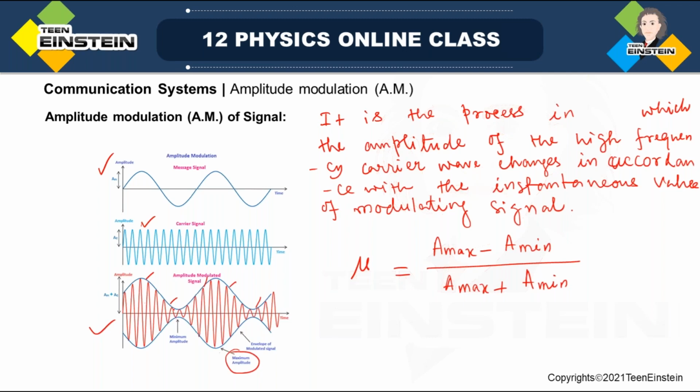So mu is this maximum value minus this minimum value, divided by the maximum plus the minimum. If you multiply it by 100, it is called percentage modulation.